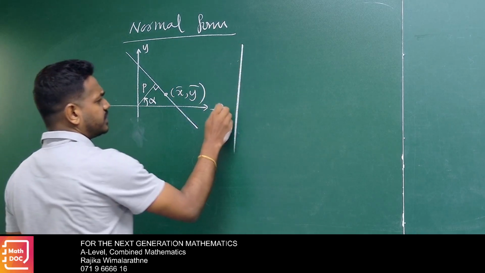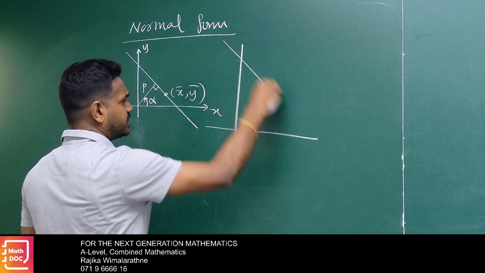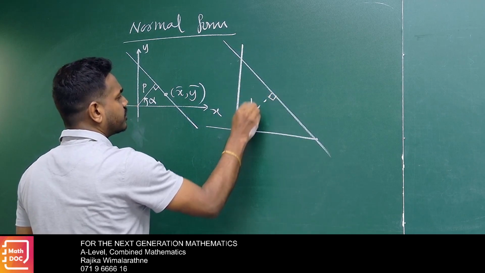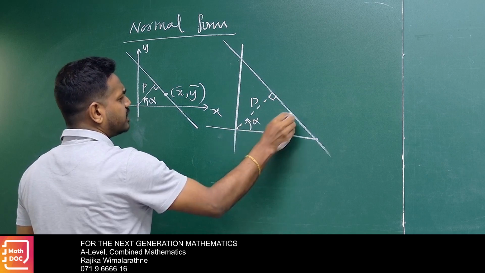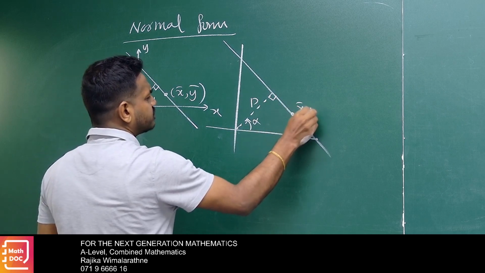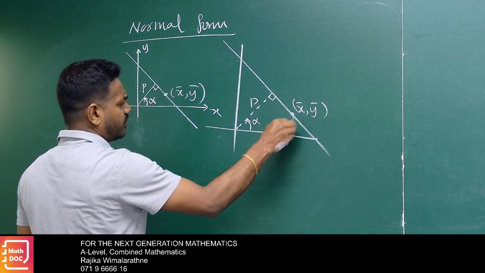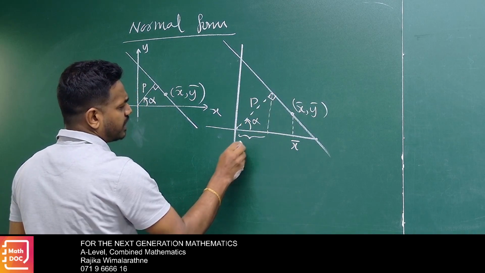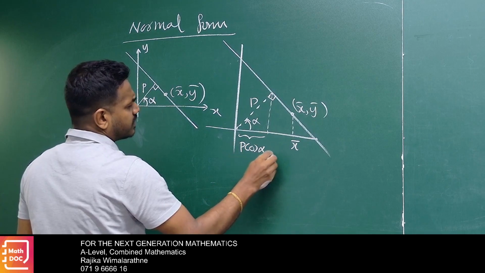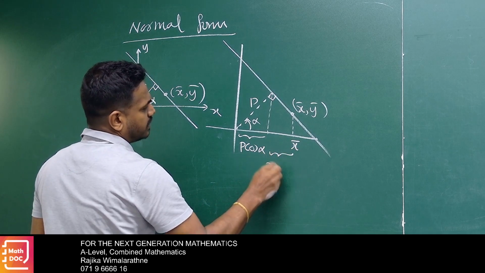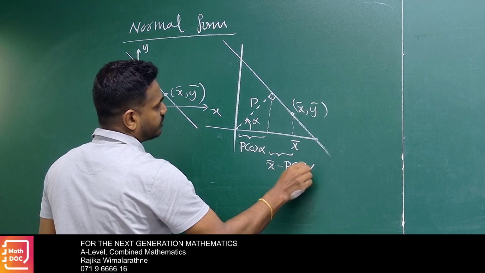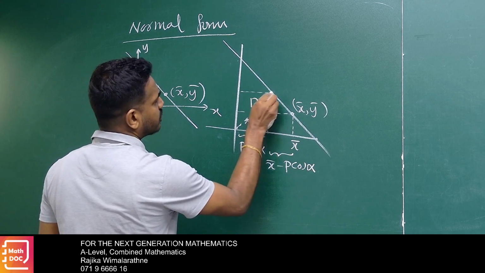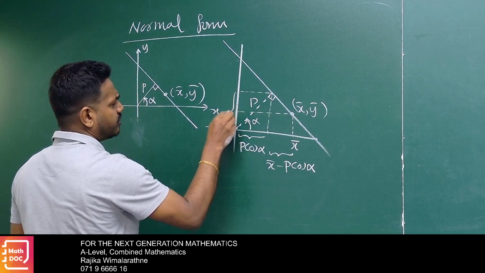See this carefully. Here see this figure. Here perpendicular length P, angle alpha. Then here point x bar, y bar. Here the coordinate x bar. Here this length P cos alpha. Then the balance is x bar minus P cos alpha. Here P sin alpha.